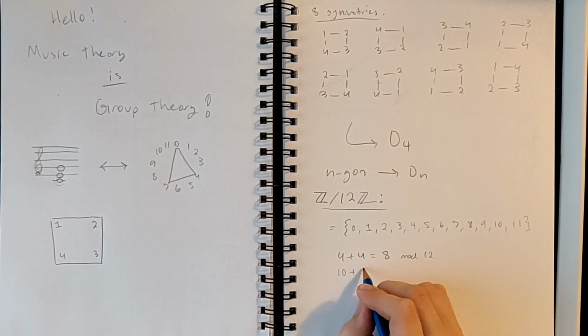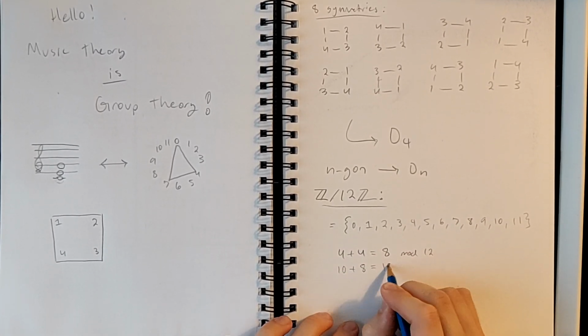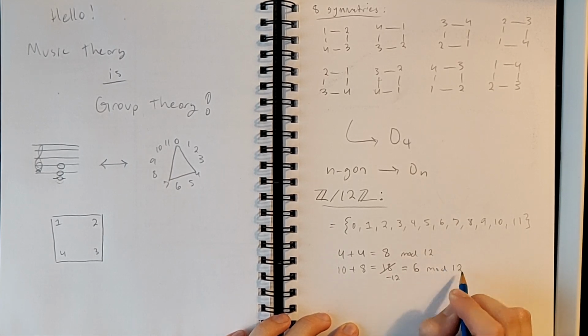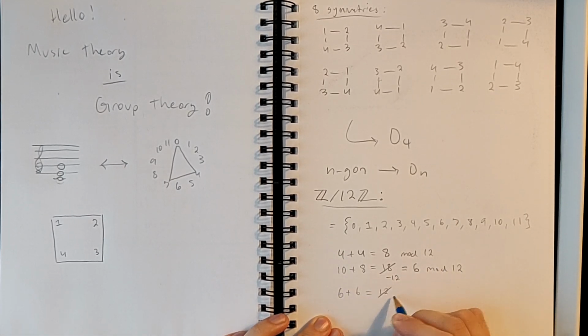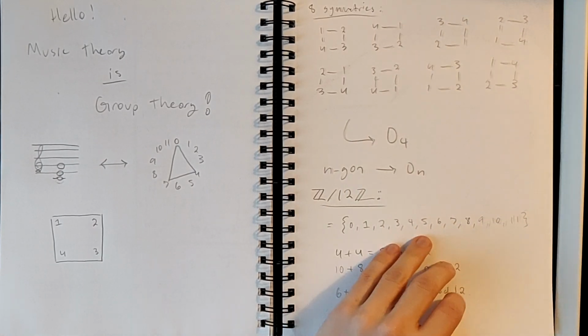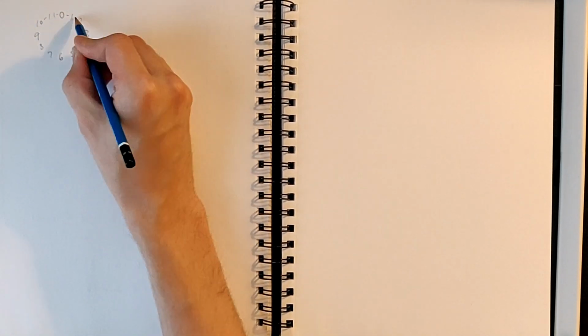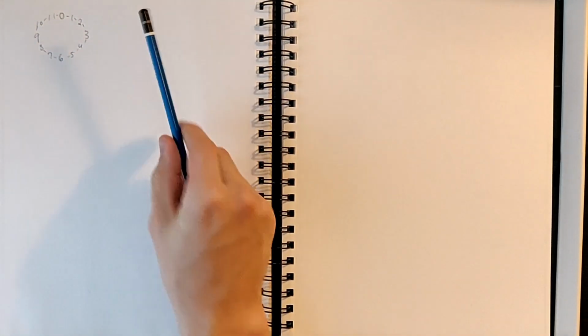For example, 4 plus 4 equals 8 modulo 12 because 8 is not larger than a multiple of 12. 10 plus 8 is 18, then we subtract 12, so we say that 10 plus 8 is 6 modulo 12. 6 plus 6 is 12, we subtract 12, so 6 plus 6 is 0 modulo 12. You can think about it like this. Instead of the numbers forming a number line, they form a number circle with 12 numbers on the edge.